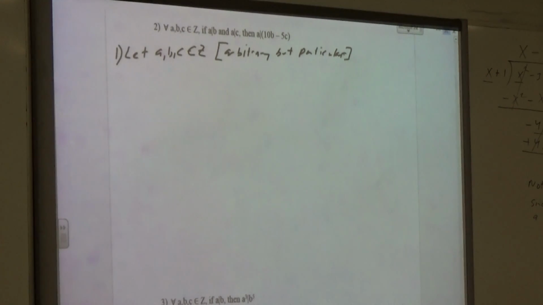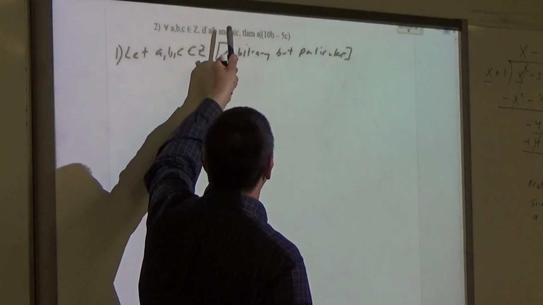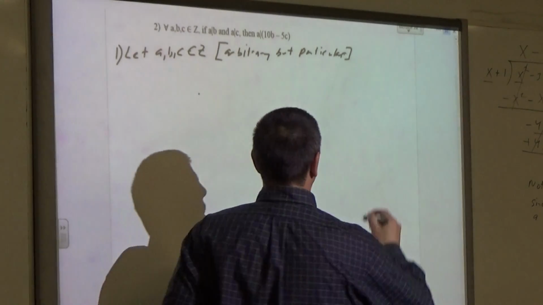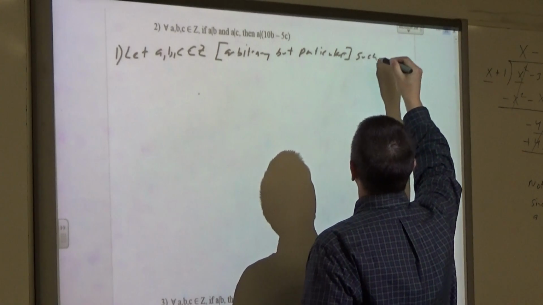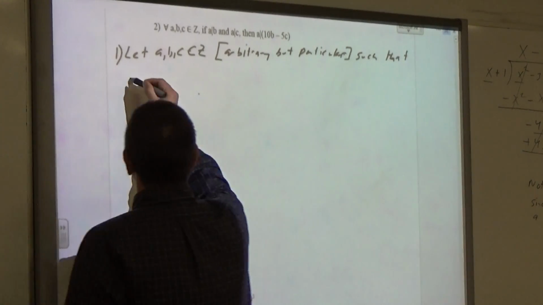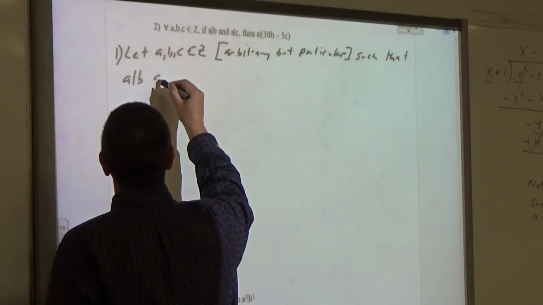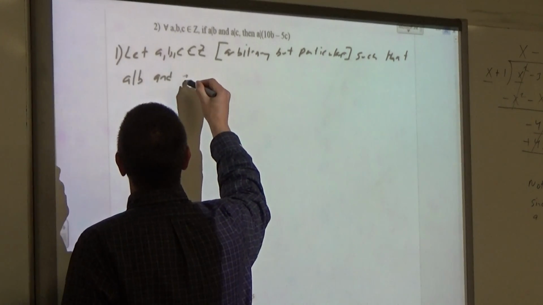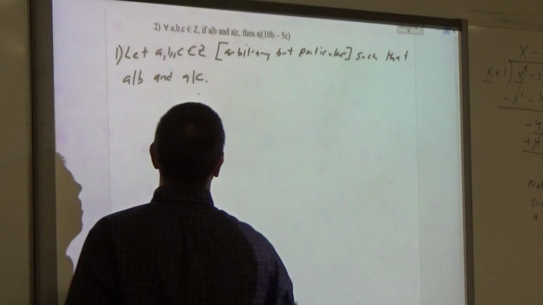And because it's a conditional statement, what's the other thing that we have to assume? That A divides B and A divides C. Nice job. Such that A divides B and A divides C.